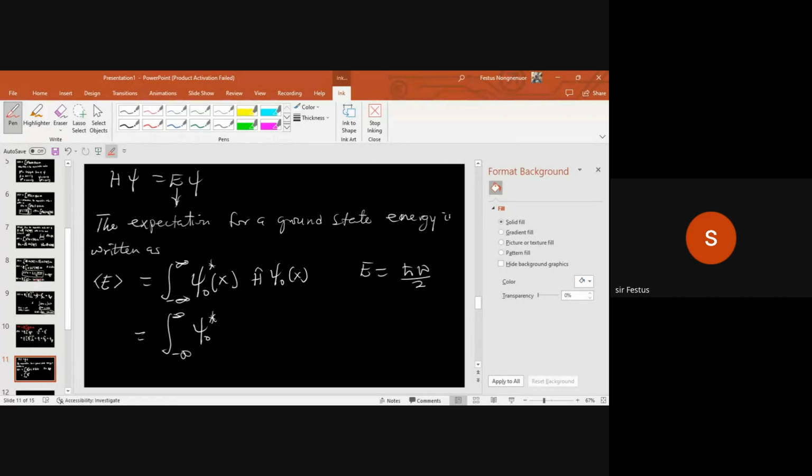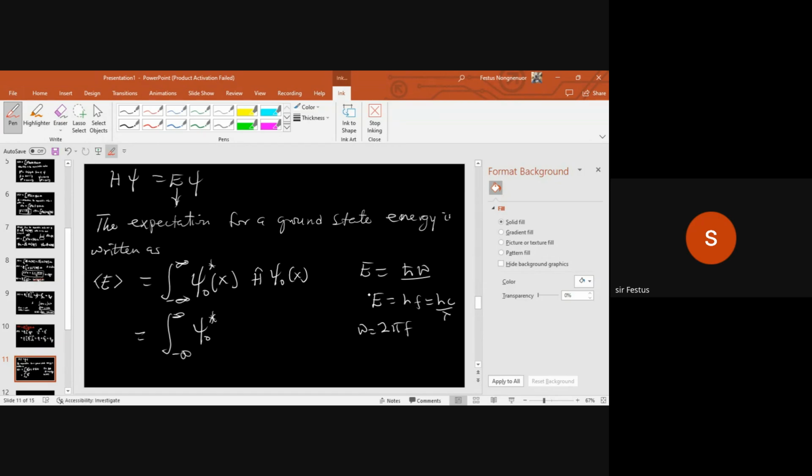We know that the energy is this, and this came from the energy of a photon. So E is equal to hf, or hc over lambda, and we know that 2 pi f is equal to omega.